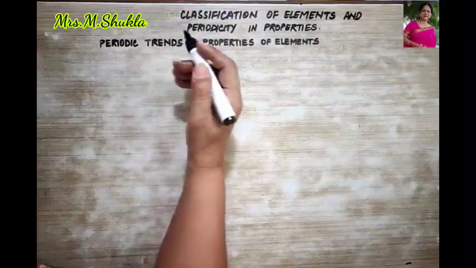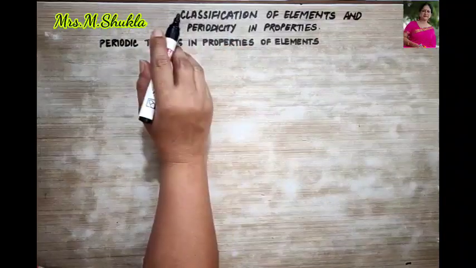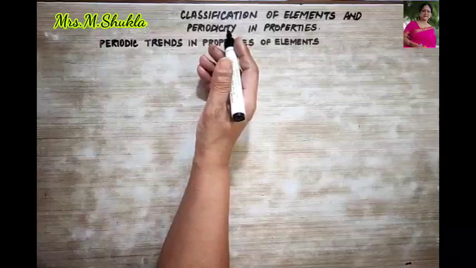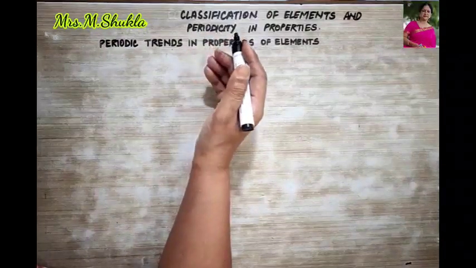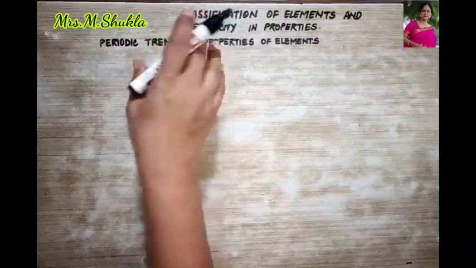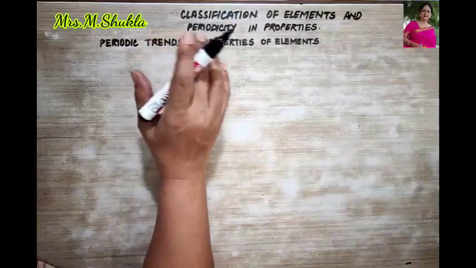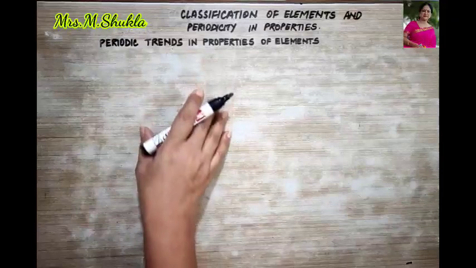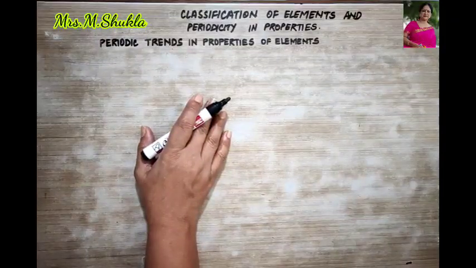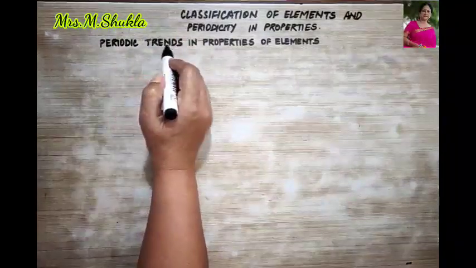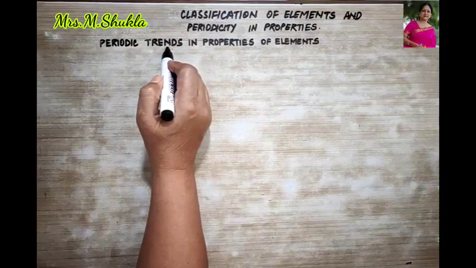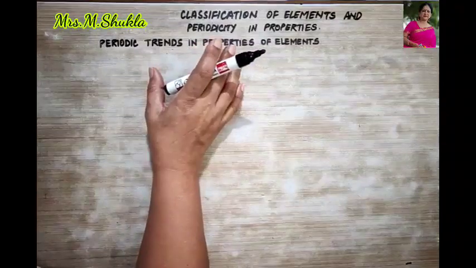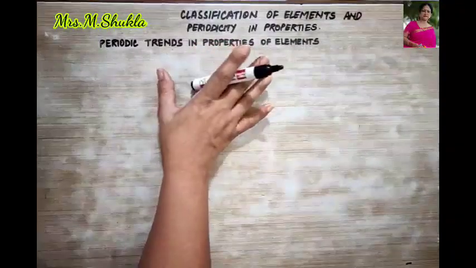The regular increase or decrease in properties such as ionization enthalpy, electron gain enthalpy, atomic radii or valency of electrons across a period and along a group of the periodic table is termed periodic trend.